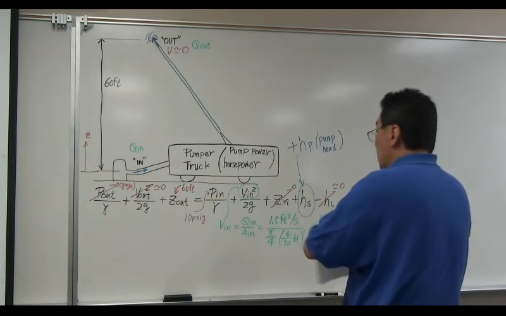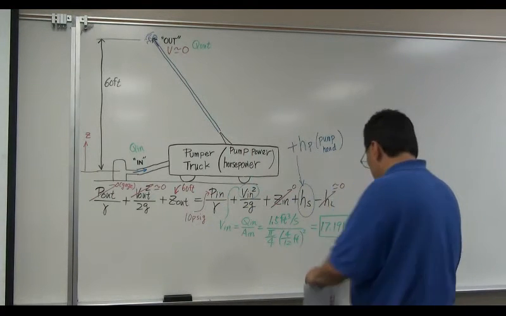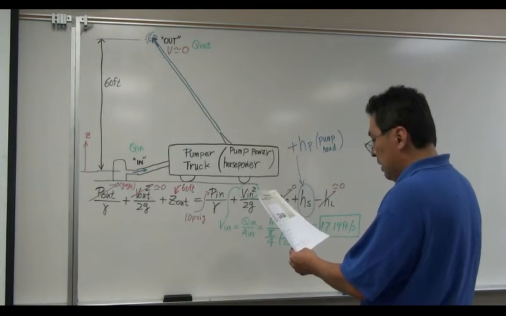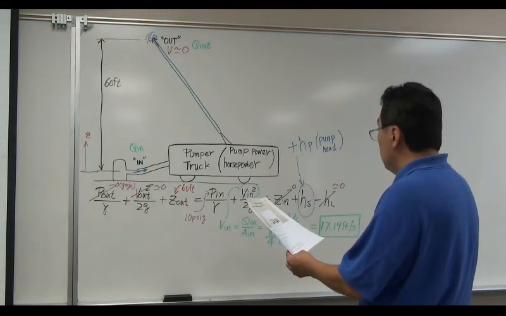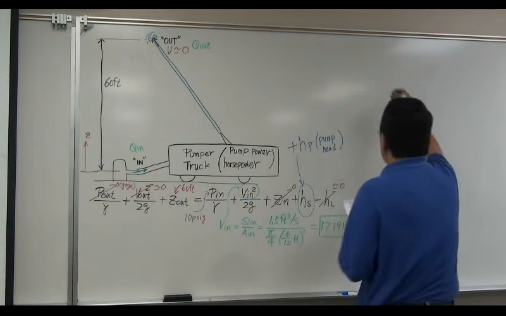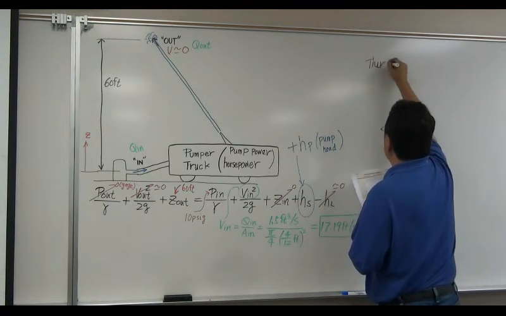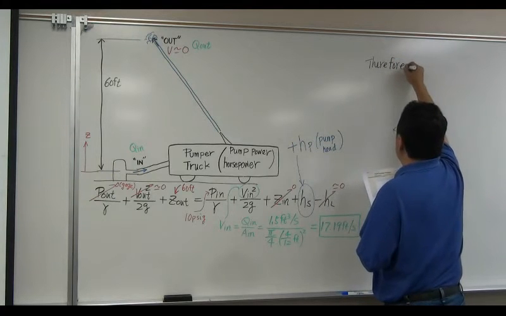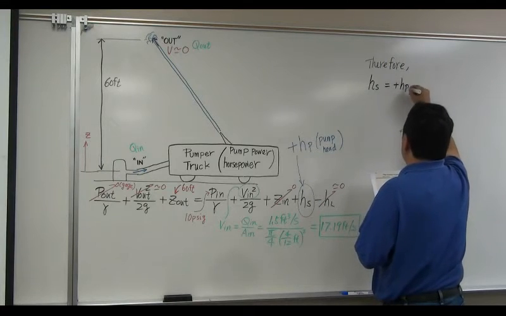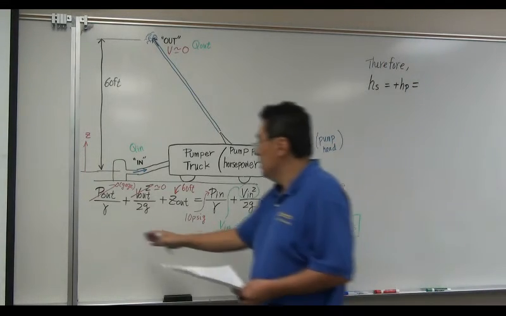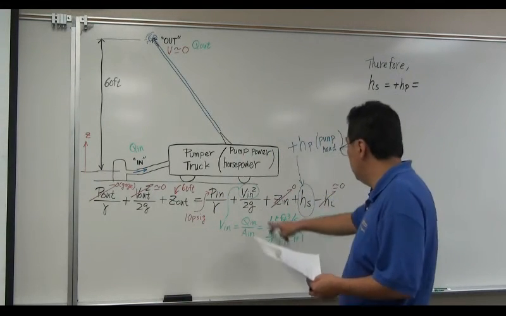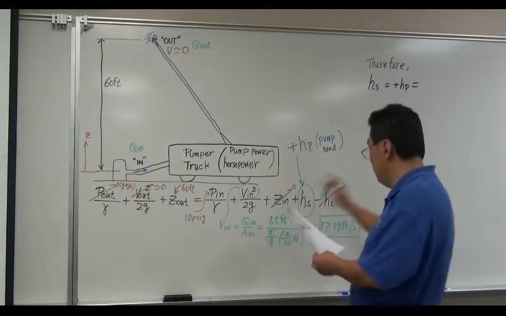Okay. So this actually makes the only unknown in this equation HS, which is HP. Therefore, HS, in this case HP, is equal to, this is 0, 0, 60 feet, this is 10 psi, this is known, 0, 0, HS.